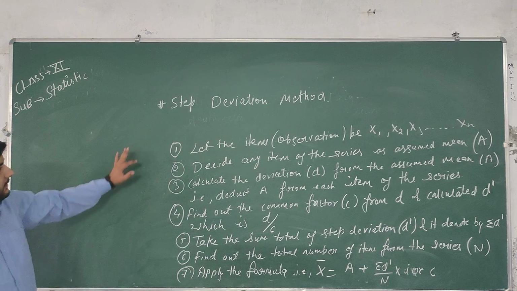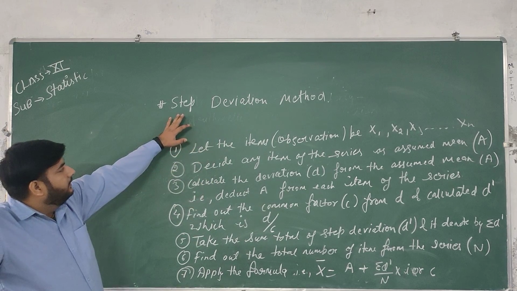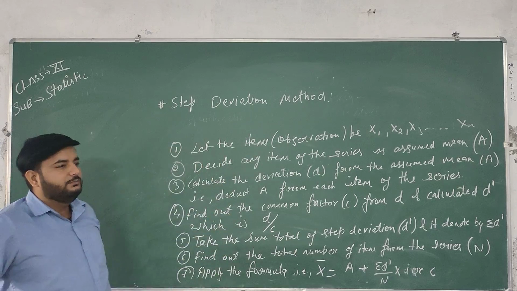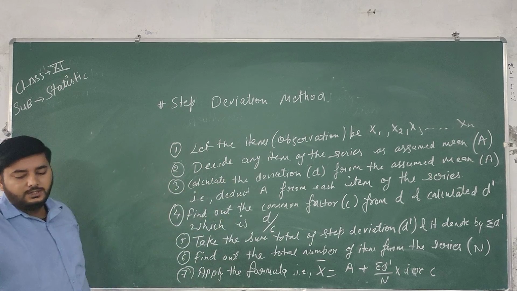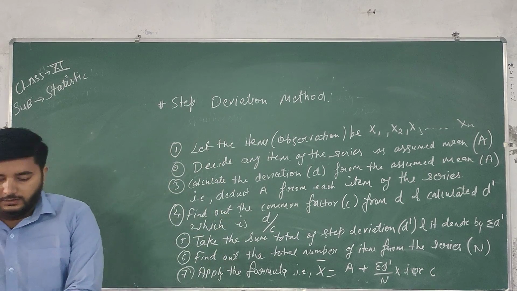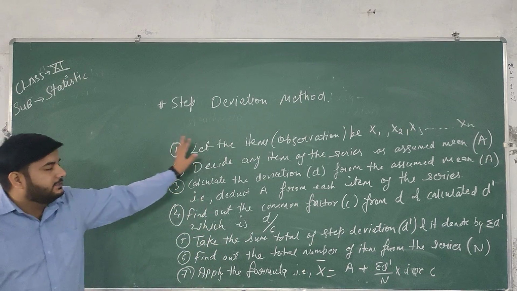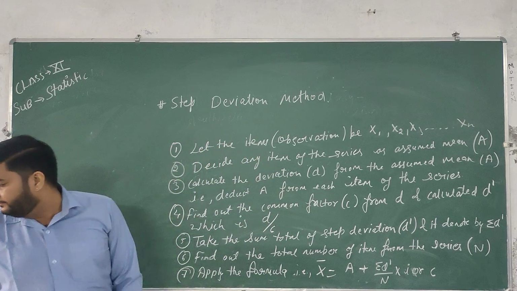Okay, so these are the steps to calculate the mean by the step deviation method under the individual series. So let us understand these steps with the help of an example.